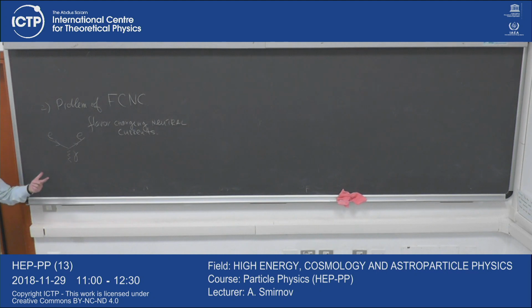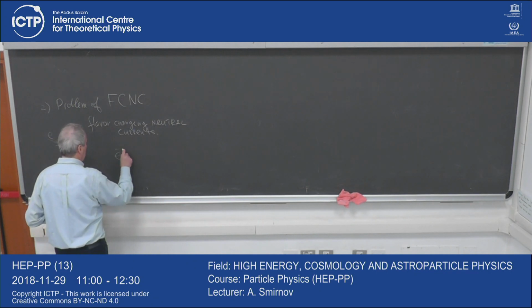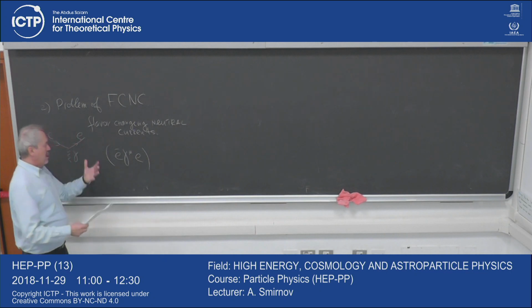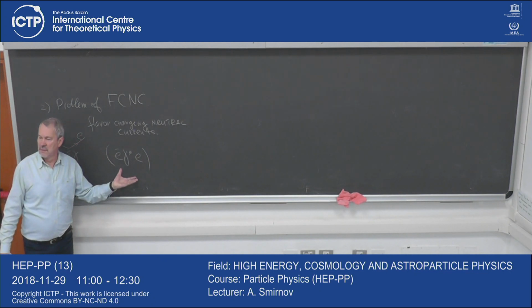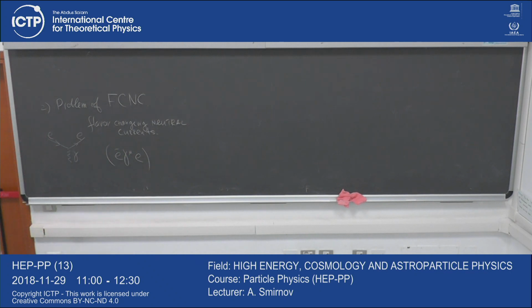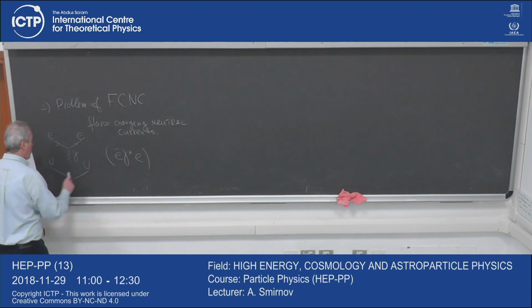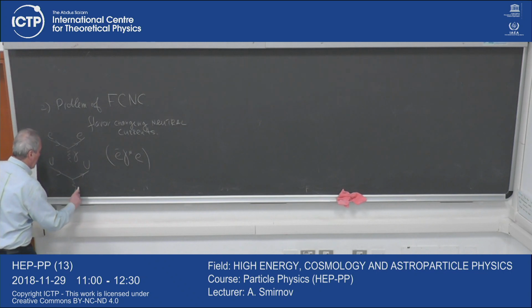So the current is neutral. We can treat the electromagnetic current, e gamma mu e, at the quantum level as an operator, and the charge of this operator is 0. It couples with the photon. We can also introduce a neutral current for the U quark.